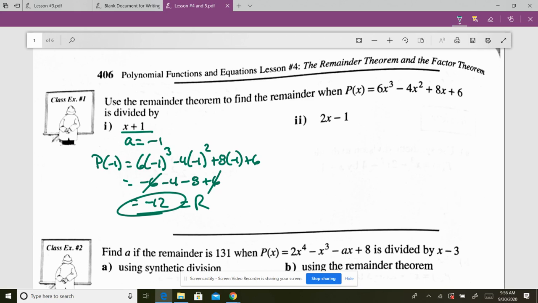Okay, what if I divide by 2x minus 1? What is my a value of that? 1 over 2, 1/2. So you can think of it like this, like we did before. You can factor it out. You don't have to. You can just look at it and go, oh, my a value is 1/2. So now you're all going to hate me because it's got fractions.